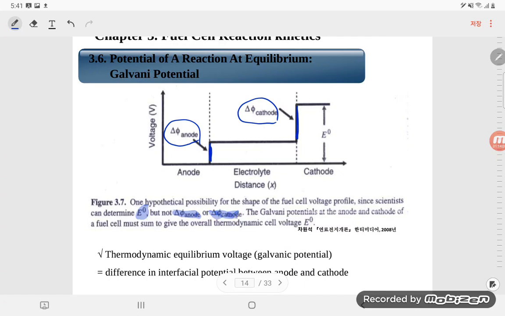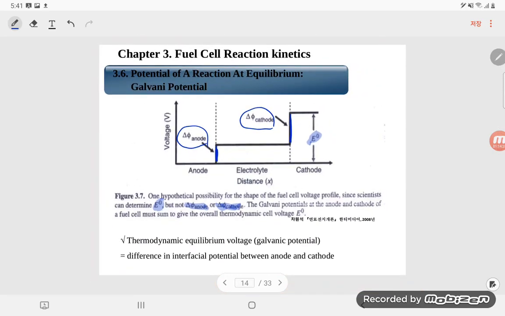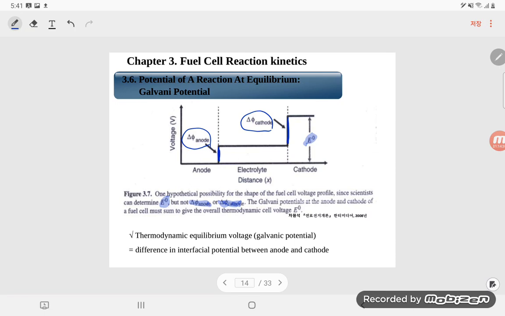So we cannot determine these, and we can only determine E0 here. The galvanic potentials at the anode and cathode of a fuel cell must sum to give the overall thermodynamic cell voltage. Okay, that is the concept of equilibrium.